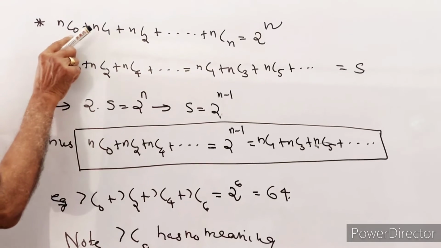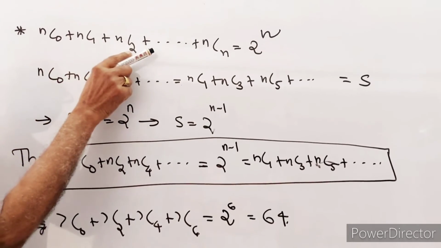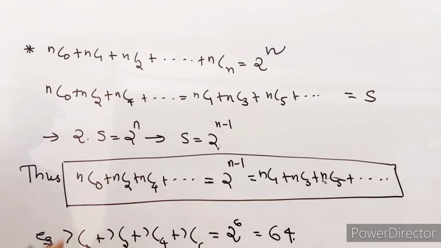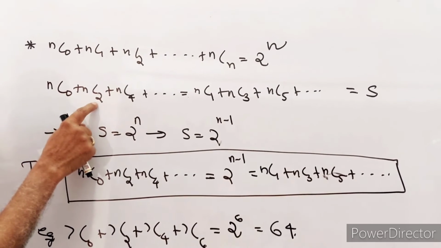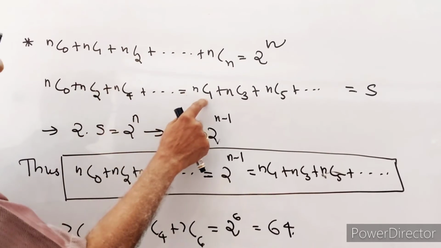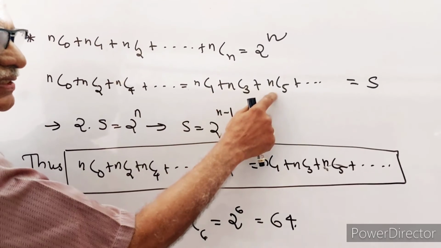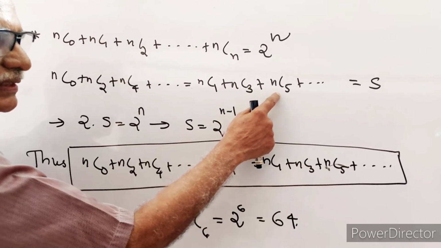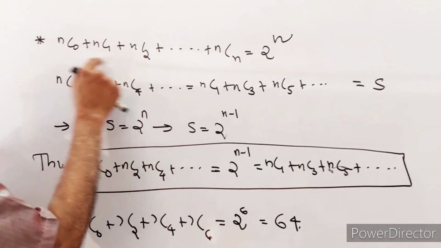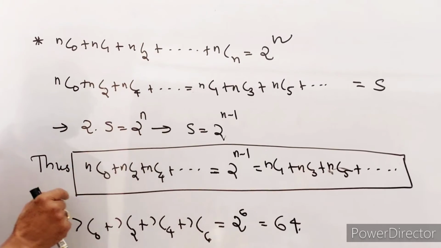Now we consider nC0 plus nC1 plus nC2 up to nCn is 2 raised to n. Now nC0 plus nC2 plus nC4, the sum of even coefficients, equals nC1 plus nC3 plus nC5 etc., the sum of odd coefficients. Suppose this is s, then the whole thing is s plus s, which is 2s.